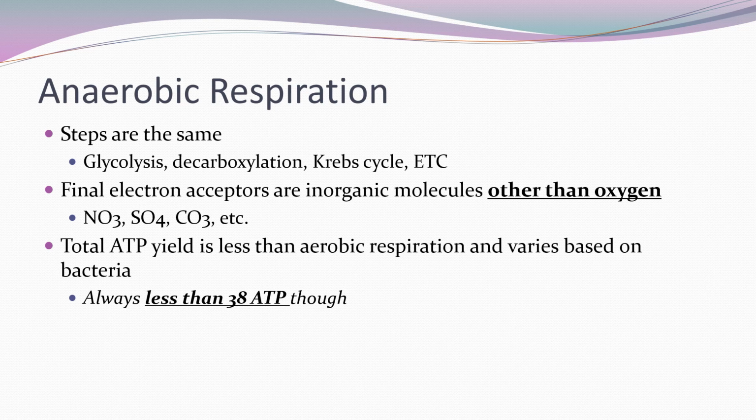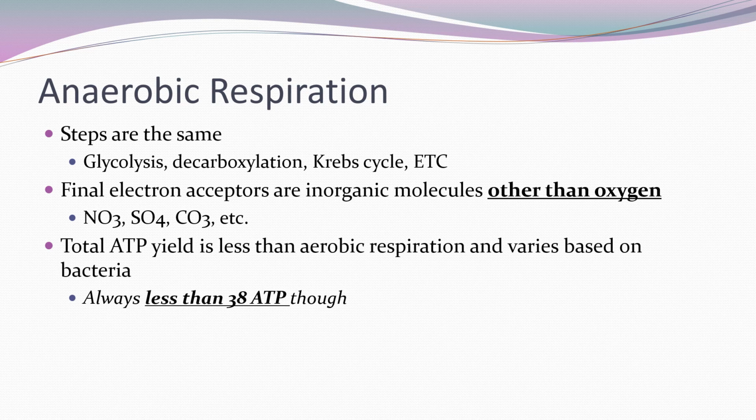Now, comparatively to aerobic respiration, this isn't as good because you will not produce as much ATP. It could be anywhere between 4 ATP and 37. But what I want you to remember is that the yield of ATP, that final amount, is always going to be less than 38 ATP.